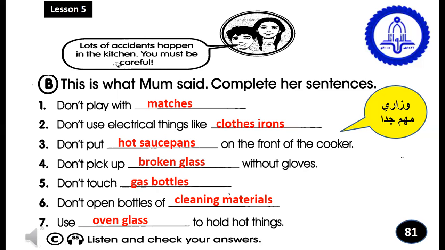1. Don't play with matches. 2. Don't use electrical things like clothes irons. 3. Don't put hot saucepans on the front of the cooker. 4.